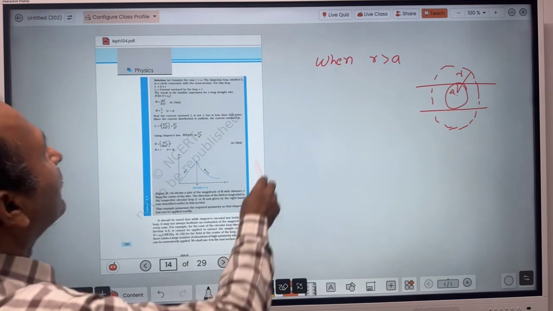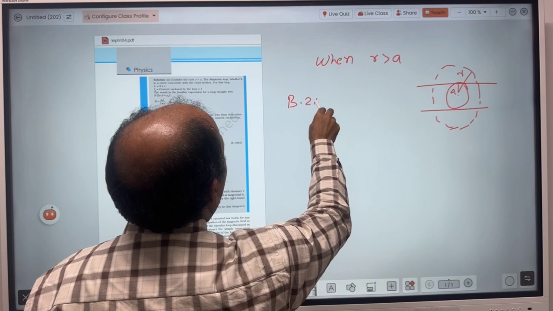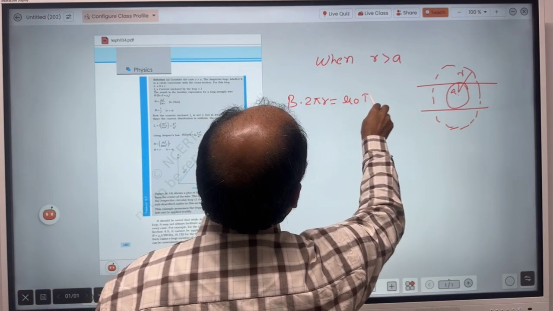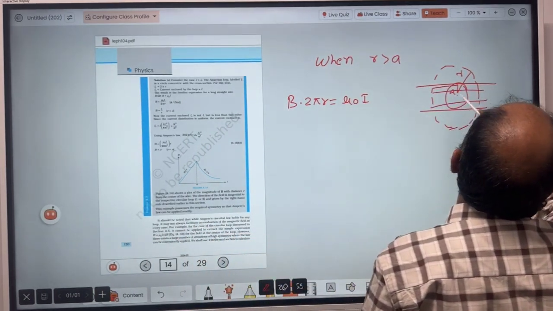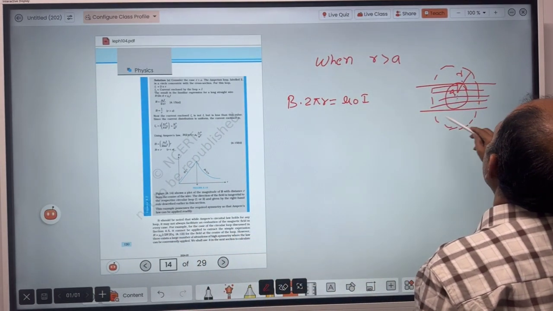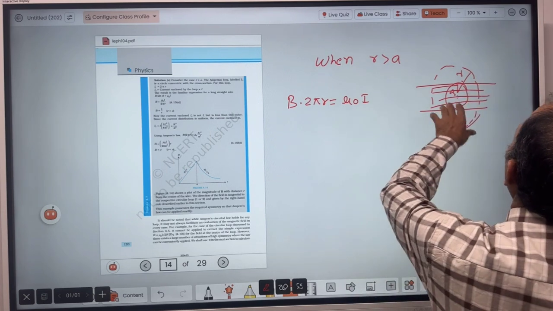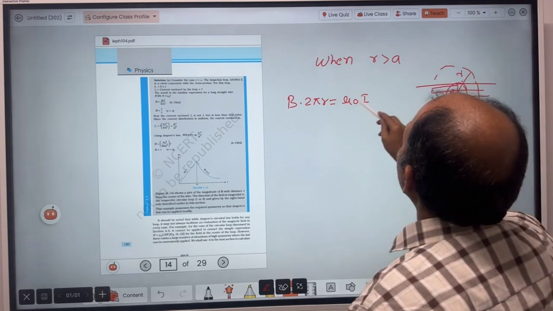So this time we will get B times 2 pi r equal to mu naught times current enclosed. Here the whole current is enclosed because the current is uniformly distributed and our circle lies outside the wire. So the entire wire is within the Amperian loop. So it will be mu naught I.